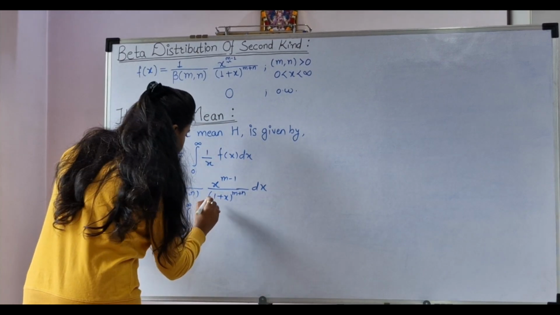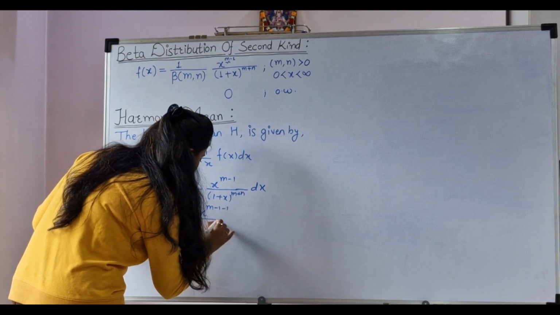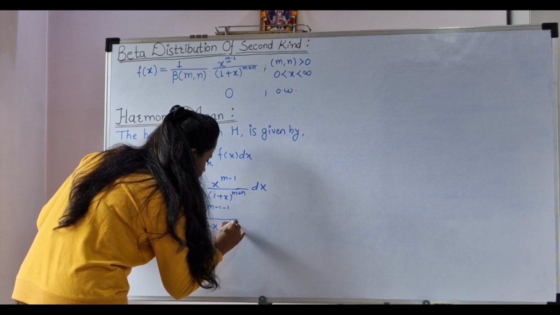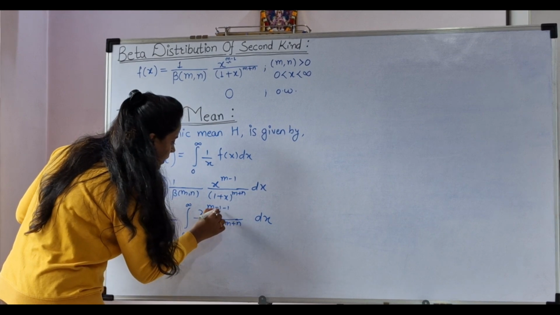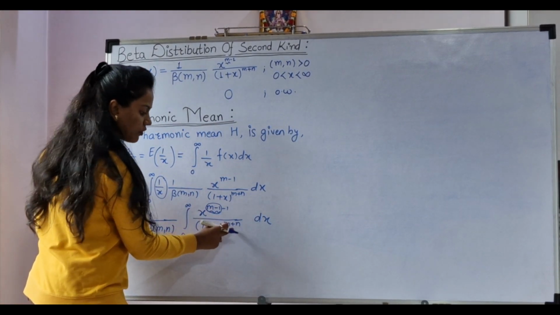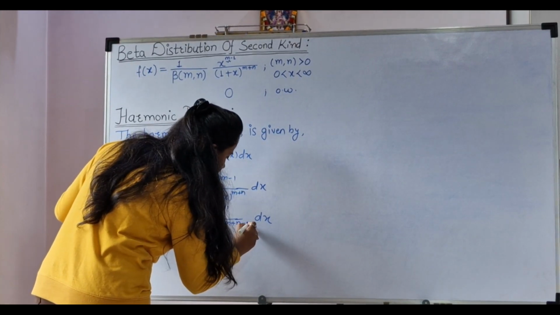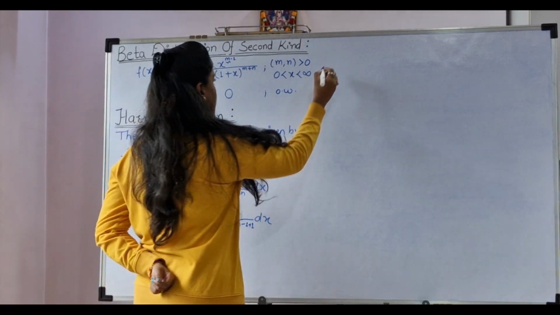So we will get x to the power m minus 2 upon 1 plus x to the power m plus n dx. Okay. Now here again, instead of m we are getting m minus 1, so of course in the denominator also we have to adjust that term. So here minus 1 plus 1. Okay.